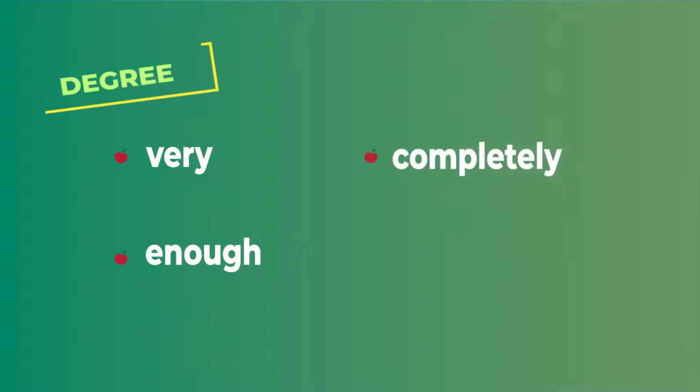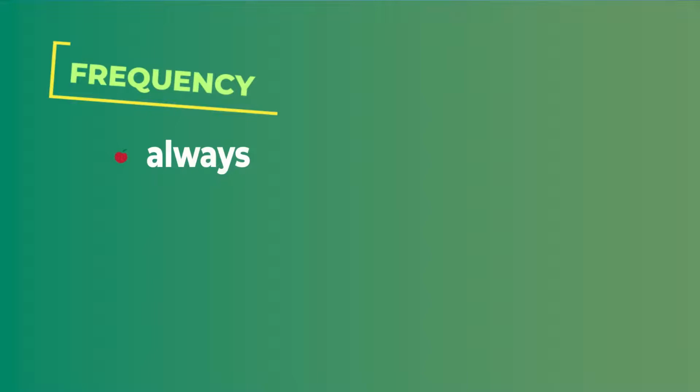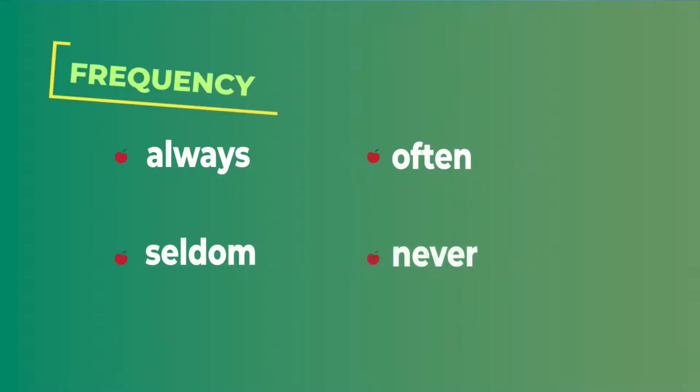For adverbs of degree, we have very, enough, completely, extremely, etc. Frequency adverbs include always, seldom, often, never, etc. Moreover, sequence adverbs describe the order in which 2 or more actions happen.